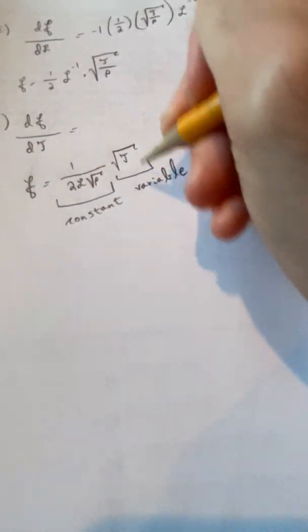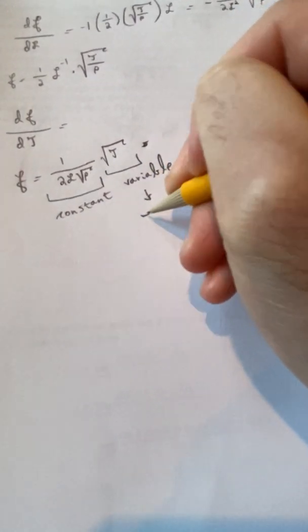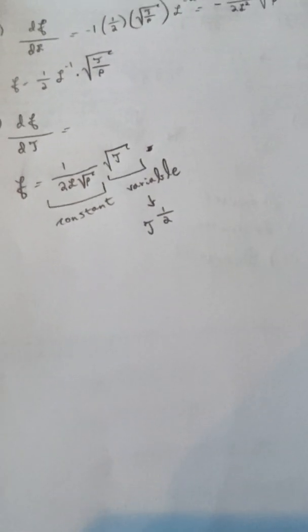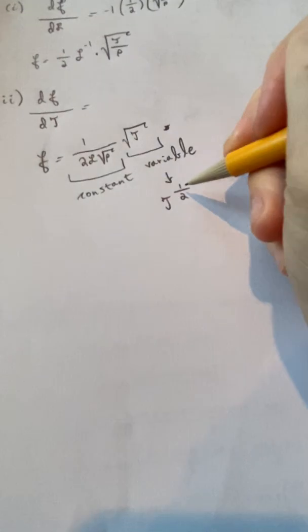Okay, you can also rewrite this as t to the 1/2 power, and that can be especially useful because what we're basically going to do is apply the power rule for this one as well. So we'll bring this 1/2 power down, okay, and then we're going to decrement the power here.